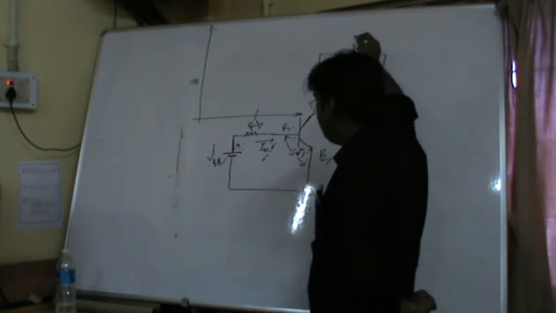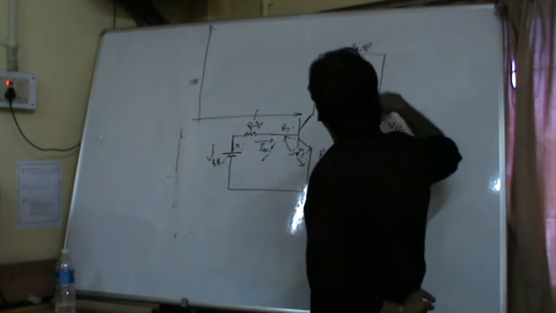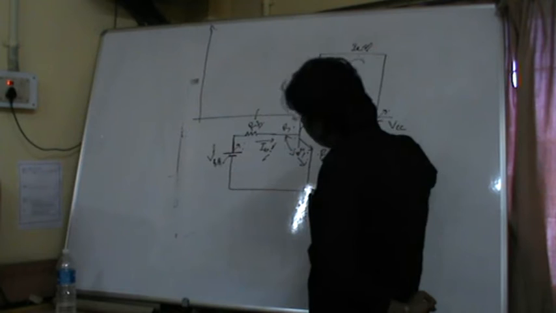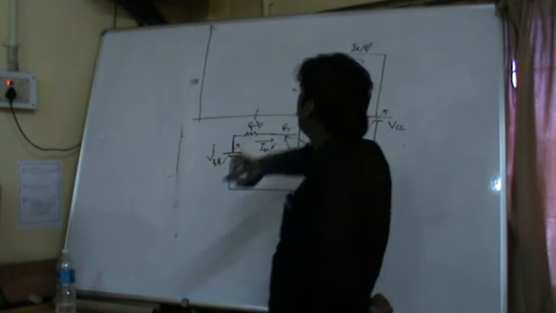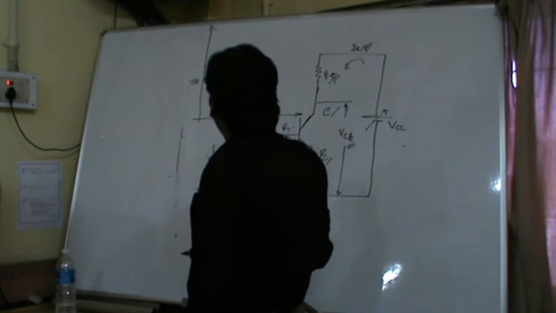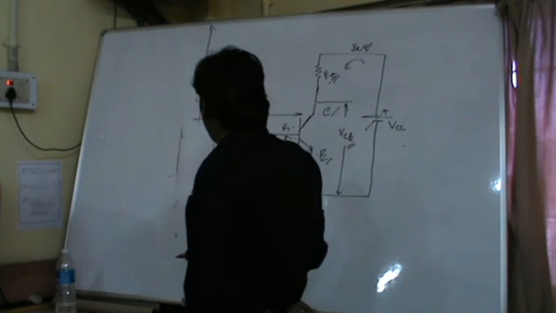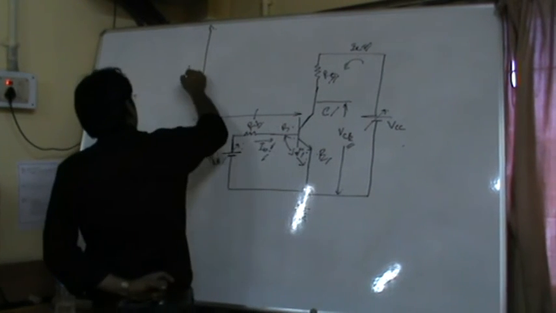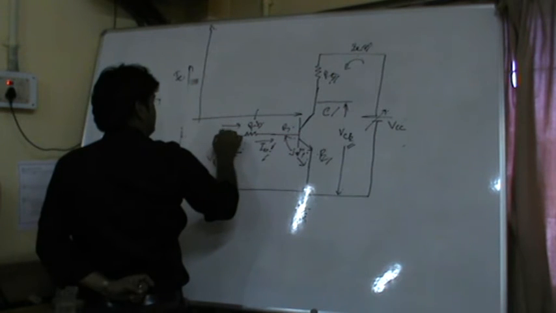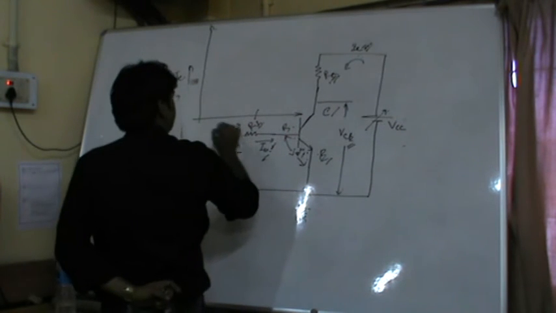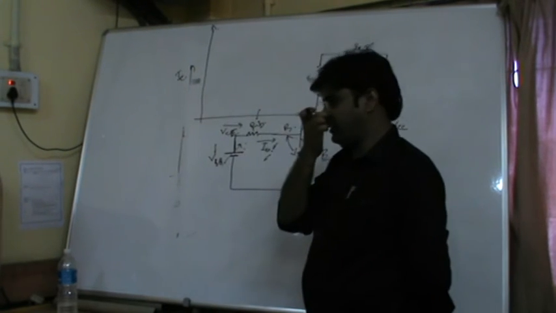Why? Because IC is effective for all of these, and VCE is also effective for this. For that reason I am considering IC and VCE. There is a VCE, there is an IC. I am just considering that. Okay.